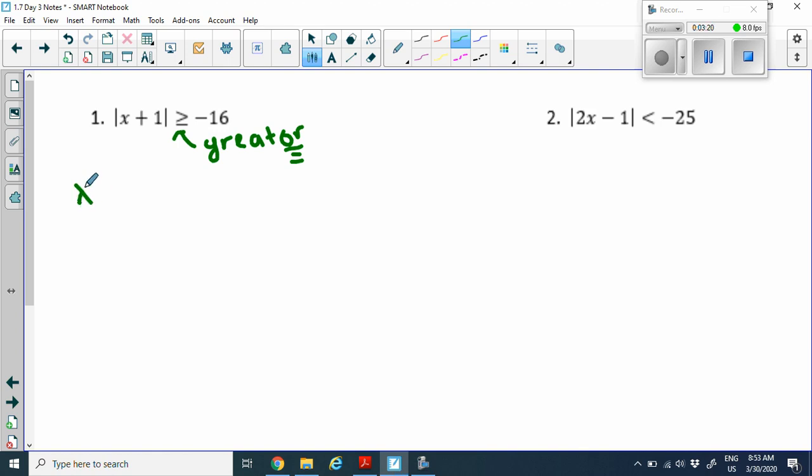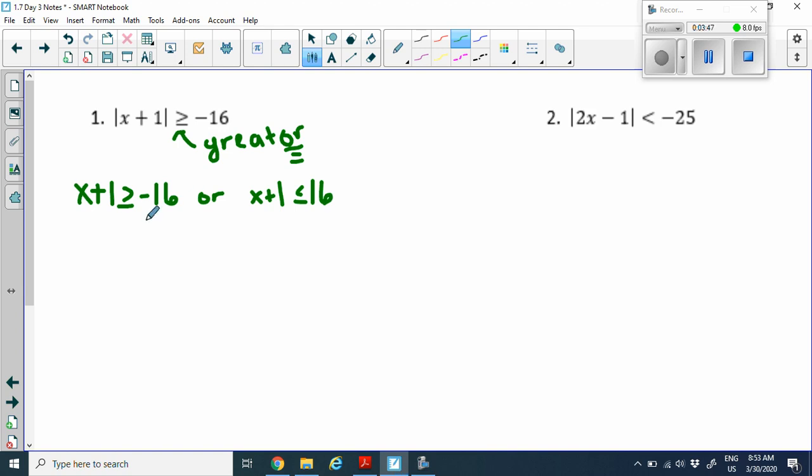So we create one that looks similar to our original problem, but without the absolute value bars. And this is or x plus 1. Now remember, for the other inequality, we flip the sign and we negate the value. So since the 16 is already negative, when we negate it, it becomes positive.